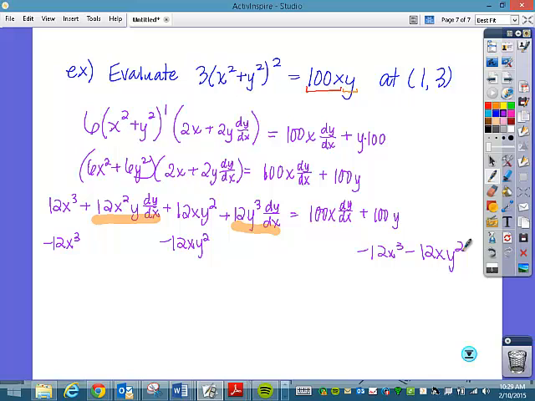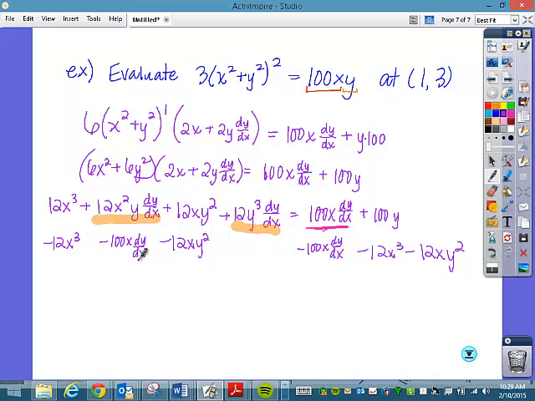And it also means that I need to move this bad boy to the left side. So I'm going to subtract 100x dy dx from both sides as well. So I moved everything that has a dy dx to the left and moved everything that doesn't to the right.